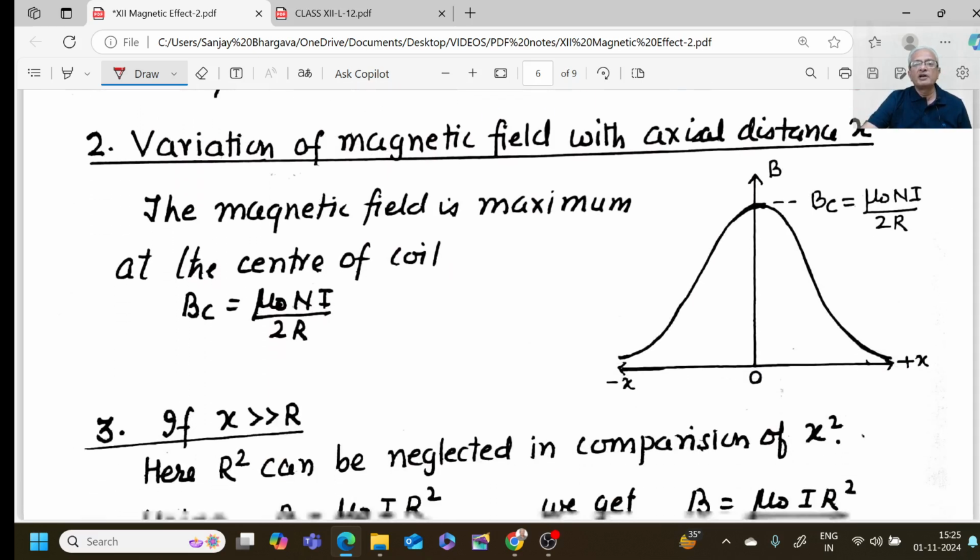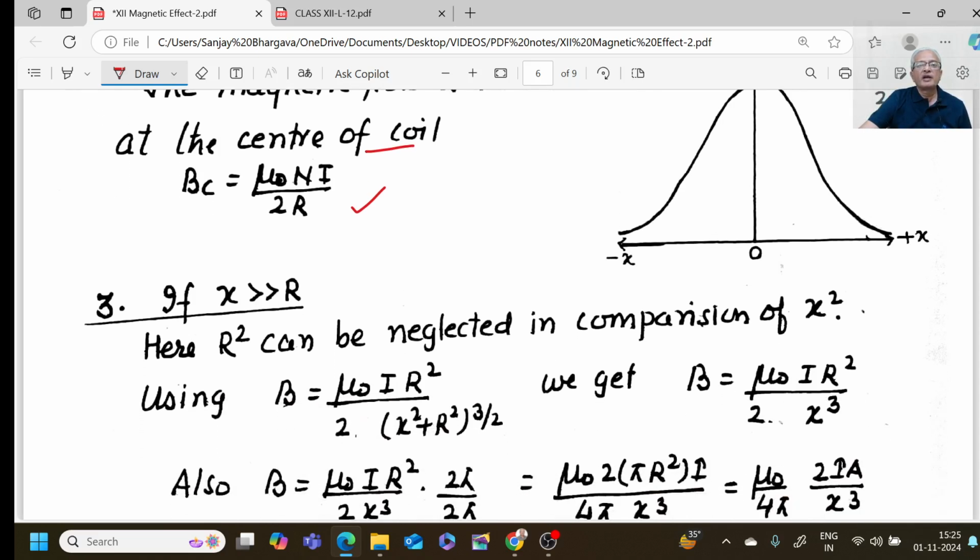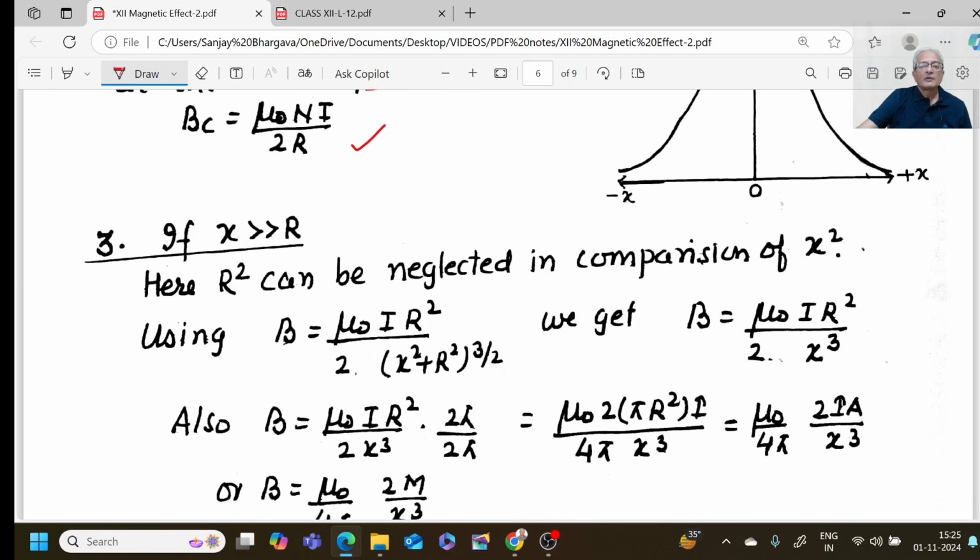Variation of magnetic field with axial distance x. The magnetic field is maximum at the center of the coil, because when x is very much greater than R, R square can be neglected in comparison to x square. So B can be written as μ0 I R square upon 2 x cube.